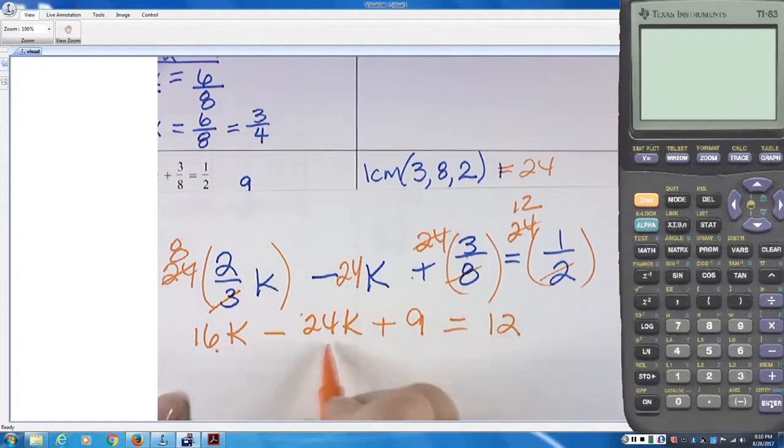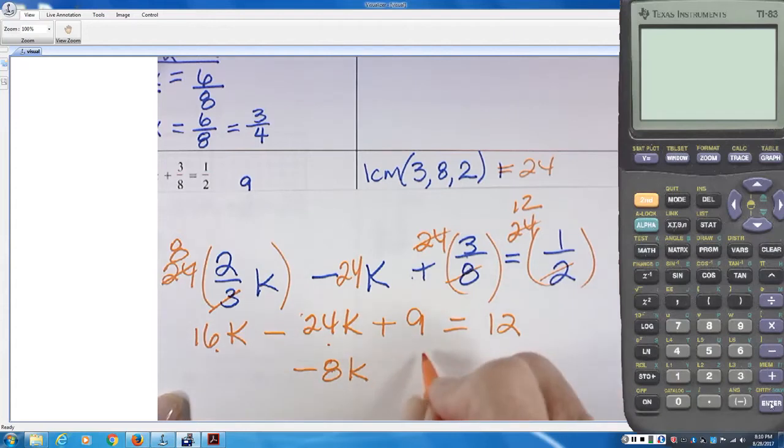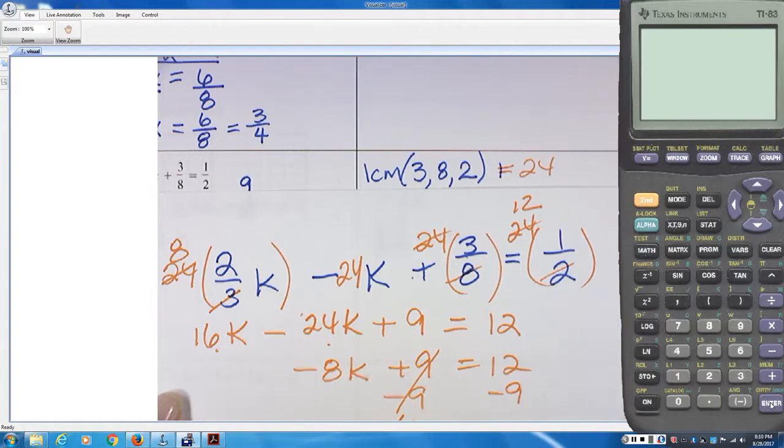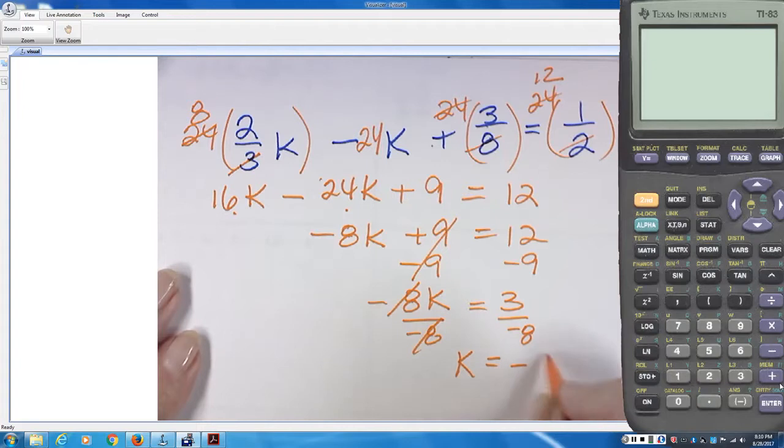And then 16 minus 24 is -8k plus 9 equals 12. Minus 9 minus 9, -8k equals 3. Divide both sides by -8. And k is equal to -3/8. So there's two ways to do it.